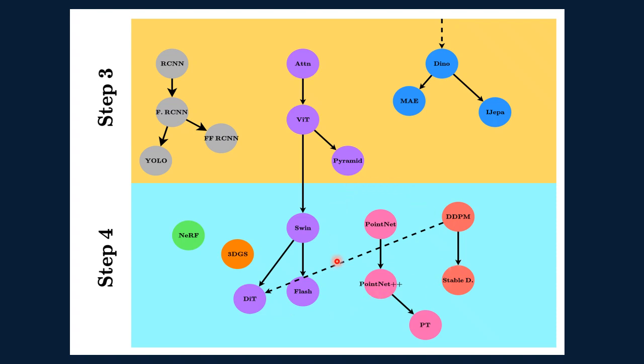And here we discuss this PointNet branch. Point clouds are processed very much similar to images, and the ideas are almost similar, but the way we implement them is slightly different.